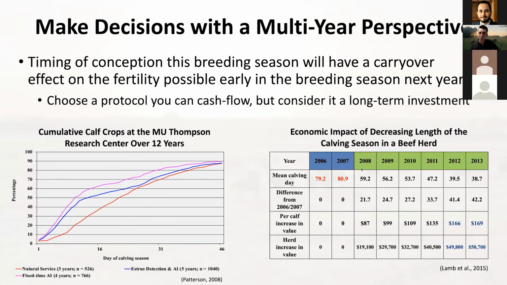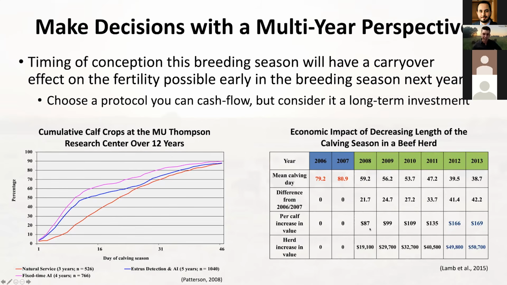But by using a little bit of synchronization in these green years, in that very first year of using some synchronization and a little higher level reproductive management, trying to move cows towards earlier calving, they added $87 in calf value in the dollar value during those years.